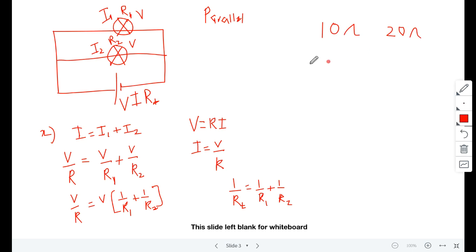So I am solving this one. It's 1 over RT equals 1 over 10 plus 1 over 20. Taking the LCM, you get 3 over 20.